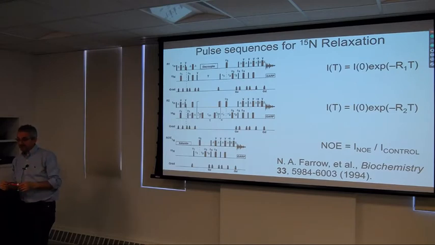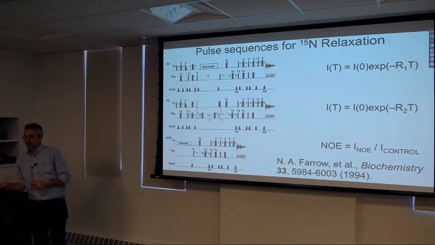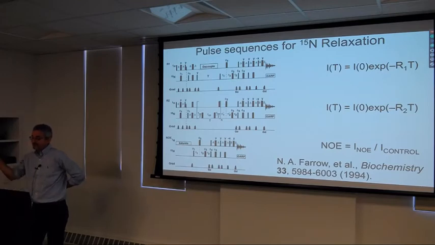At the same time, it has the effect of eliminating the effect of cross-correlated relaxation. There's also a kind of longitudinal TROSY effect in which transitions across the nitrogen transition where the hydrogen is alpha and the nitrogen transition where the hydrogen is beta have different relaxation rate constants because of cross-correlation between dipole-dipole and chemical shift anisotropy.